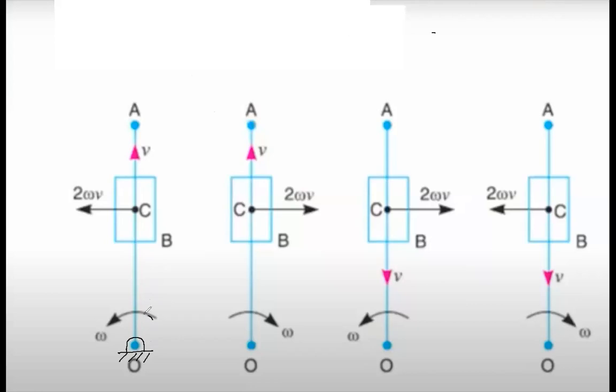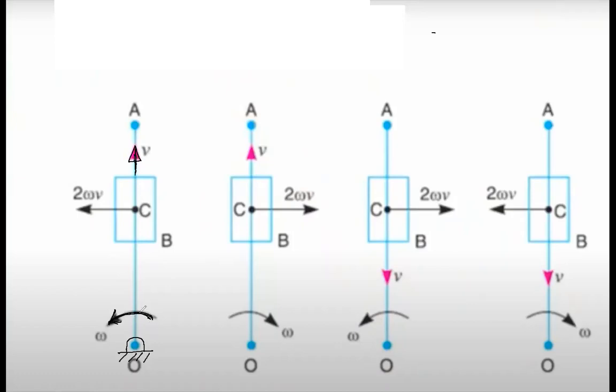So if the link is rotating anti-clockwise, there are some rules now which you should note down. If the link is rotating anti-clockwise and the slider is moving up, you can see the velocity of the slider here. Then the direction of the Coriolis component of acceleration can be found by rotating the linear velocity by 90 degrees in the direction of rotation of the link.